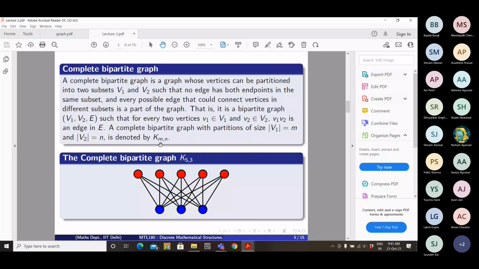In general we write K_{M,N} such that M is greater than or equal to N. Here is an example, K_{5,3}: in the first partition we have 5 vertices, and in the second partition we have 3 vertices, and you see that all the red vertices in the first part are adjacent to all the blue vertices. If you look at this vertex, it's adjacent to this one, this one, and this one, and similarly for the other vertices.